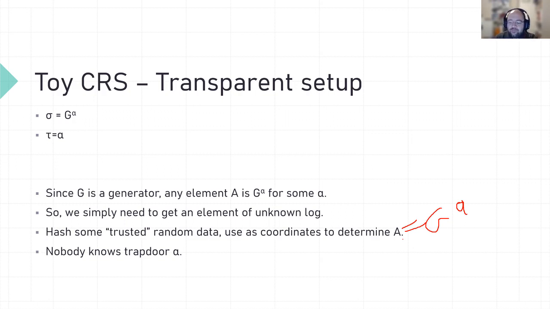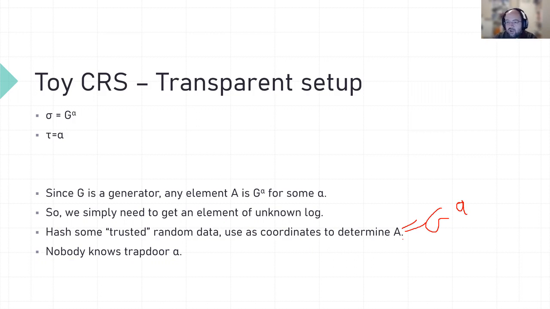So if people are careful about specifying what the data to be used is going to be ahead of time, then you can probably rule out that they had the influence in actually fixing that data. And past that, you can believe that the elements that we came up with have an unknown discrete log. And by extension, that nobody knows the trapdoor.